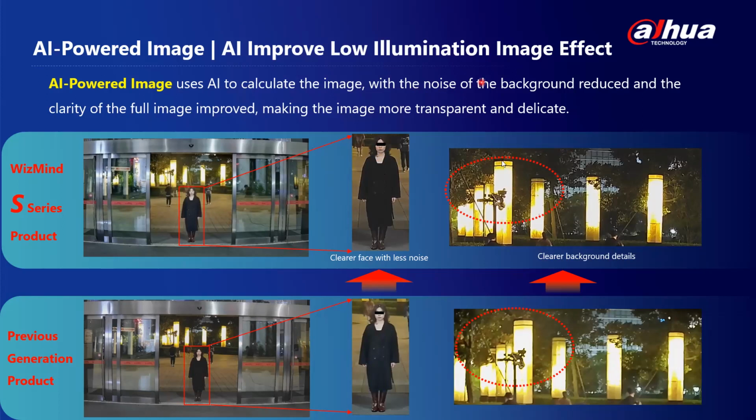Take a look at this again at this end. The light illuminated by this source, you find that it's not that reflective. You can see the background image behind this source of light, as compared with the previous WizMind 5 IPC.